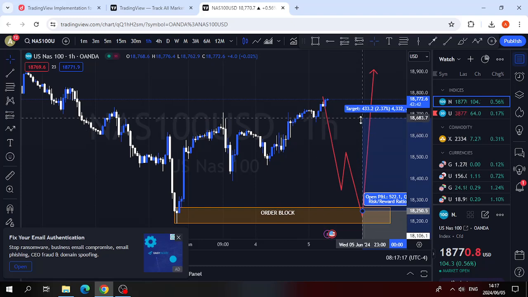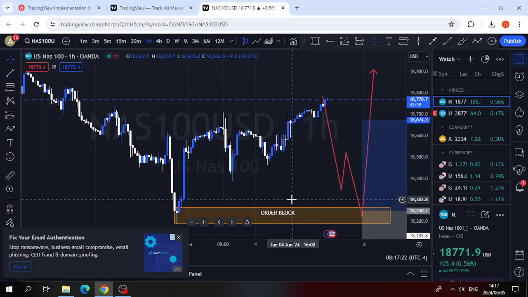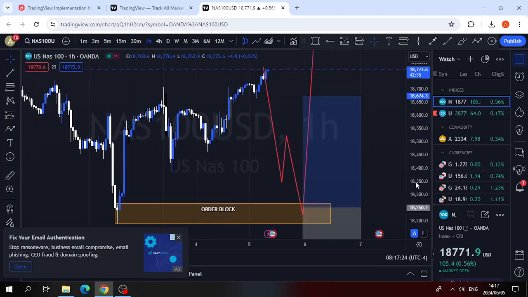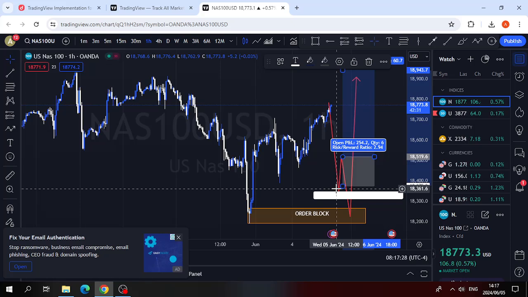And I usually risk anything from 1:4 going up. That's usually my risk to reward ratio on a trade. So this is what it means.